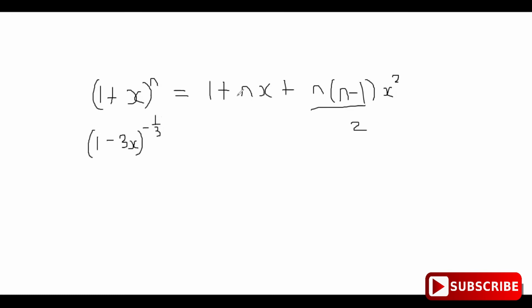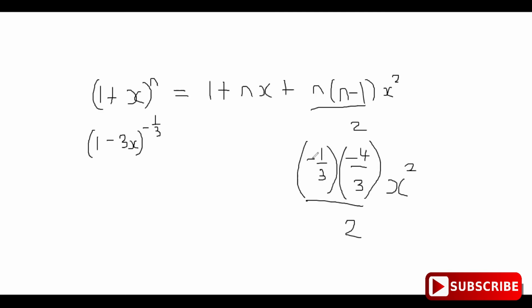Now we don't need to look at these two parts. They just want the coefficient of x squared. So substitute n as minus 1/3: minus 1/3 times minus 1/3 minus 1, which is minus 4 over 3, divided by 2.